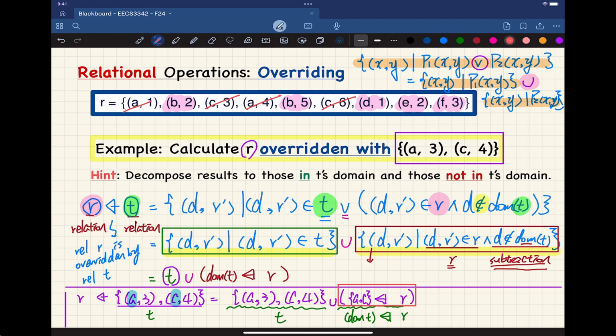All right? So this one here is really B2, and then B5, and then D1, and then E2, and then F3.